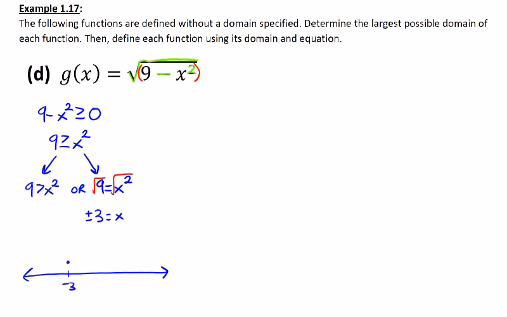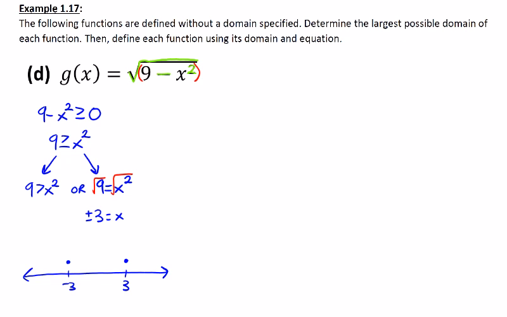Negative 3 is going to be a closed boundary, and positive 3 is going to be a closed boundary. These are not restrictions. We only do restrictions when we're talking about division by 0. Here we're talking about dealing with the square root. So those are going to be a part of our domain.